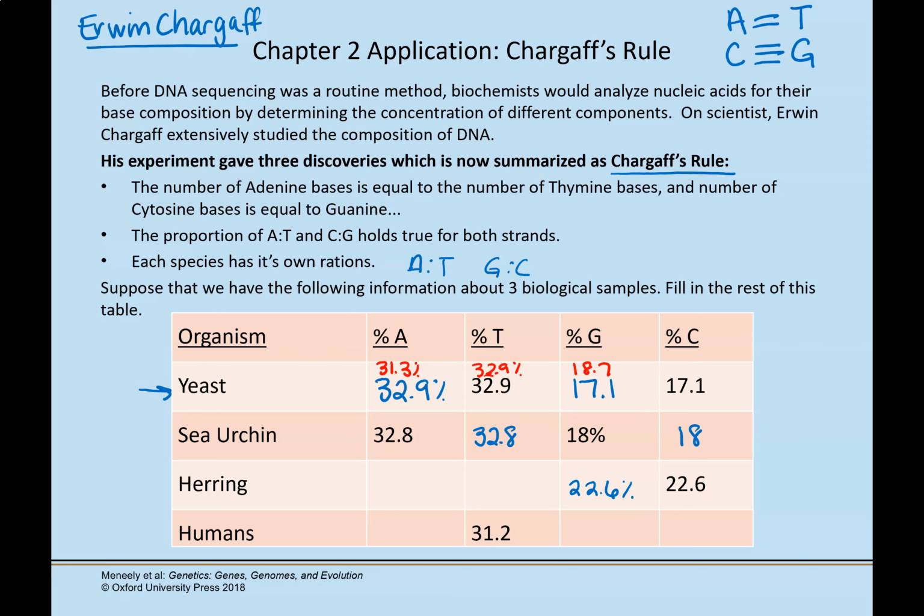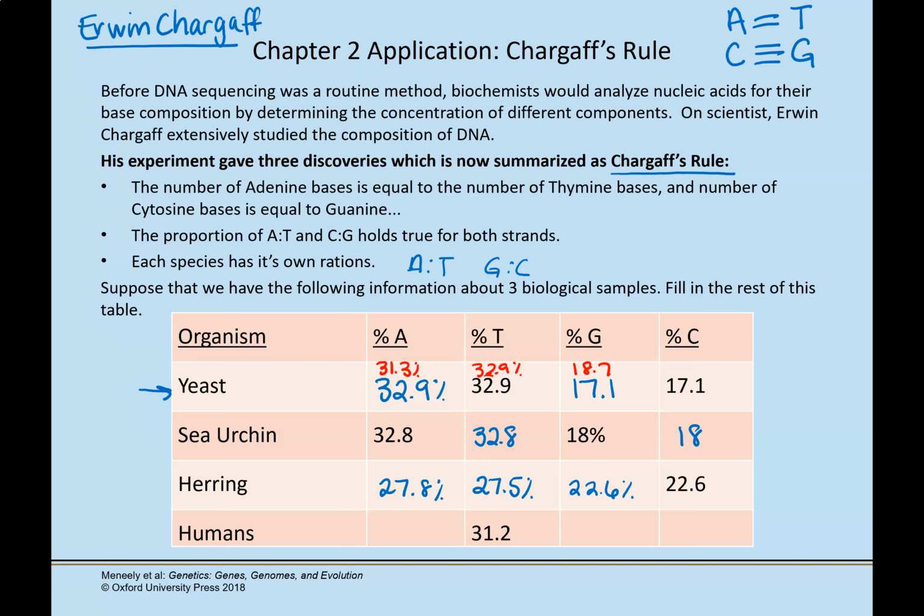Now, if we calculate the remaining percentages, so that is, I'd say, roughly 50%. If you actually calculate it out, you're going to get roughly 27.5% thymine and 27.8% adenine.